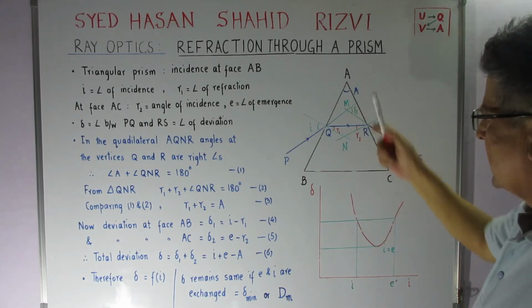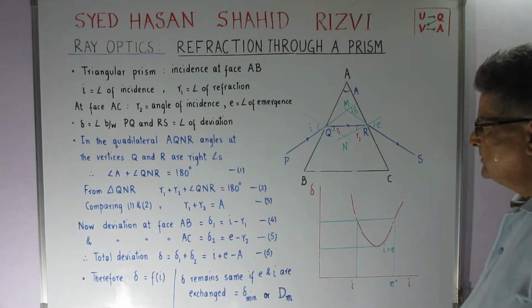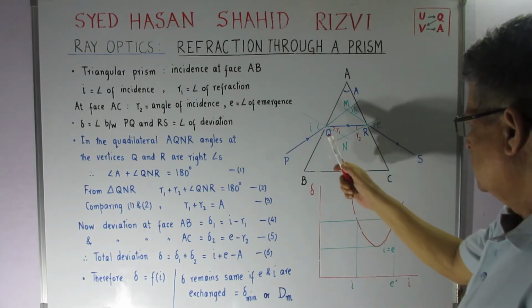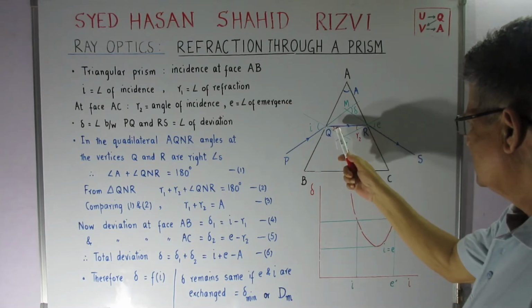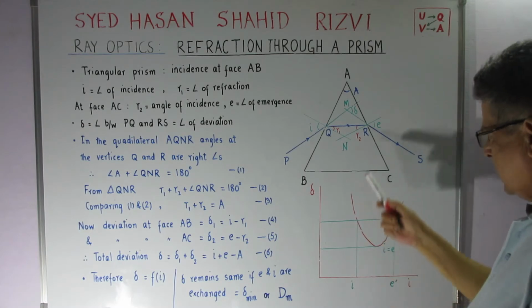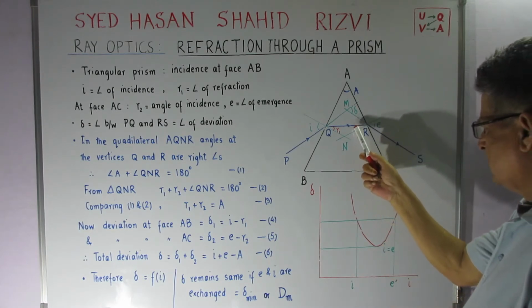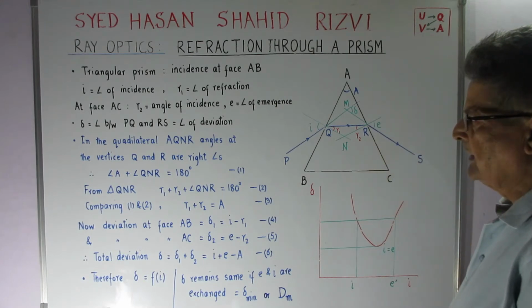This angle we take as the angle of the prism A. The incident ray makes an angle of I, and then there is an angle of refraction R1, and here I call this angle R2, and this angle is equal to angle E.